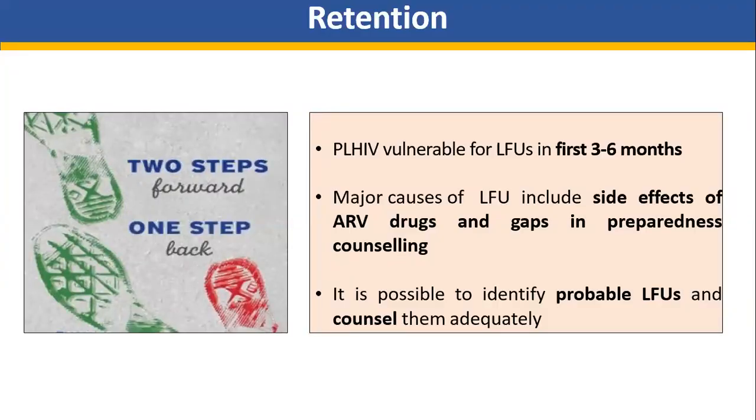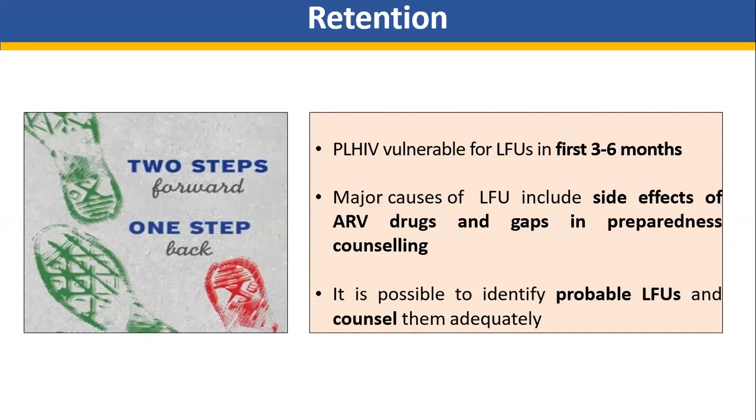So by retention, patients are vulnerable to loss to follow up in the initial 3 to 6 months of their ART initiation, and the major causes include side effects of ARV drugs or certain gaps which are not addressed during the preparedness counseling sessions.